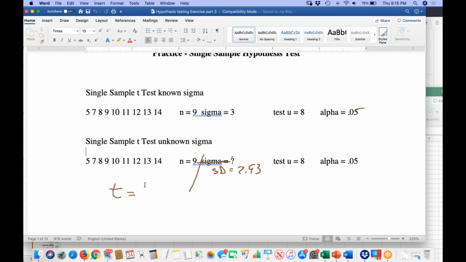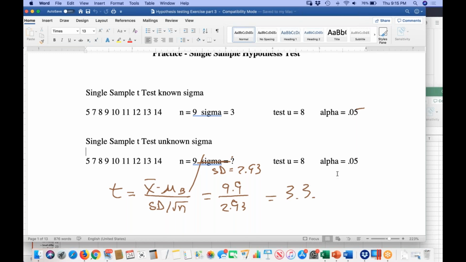T is equal to X bar minus mu for group B over the standard deviation divided by the square root of n, right? So what's that going to be equal to? The difference is the same as before, which was 9.9, divided by the standard deviation 2.93, right? So it comes out to basically around the same thing, 3.3.